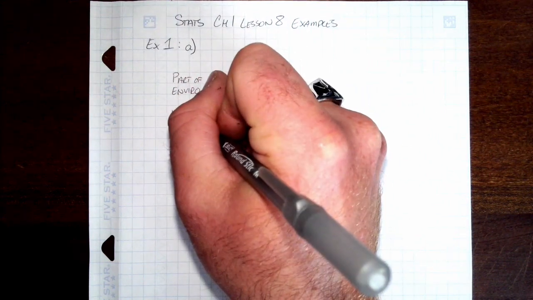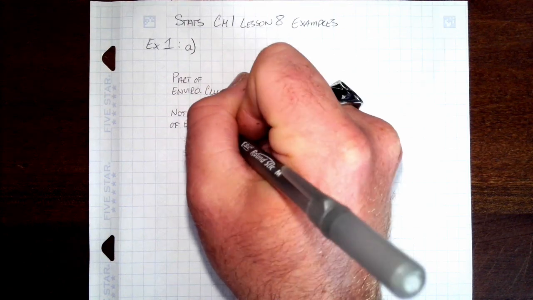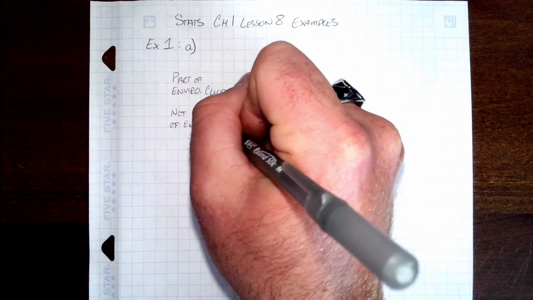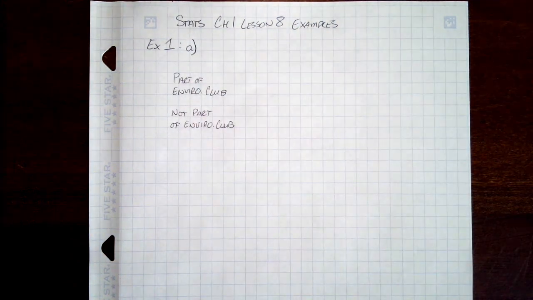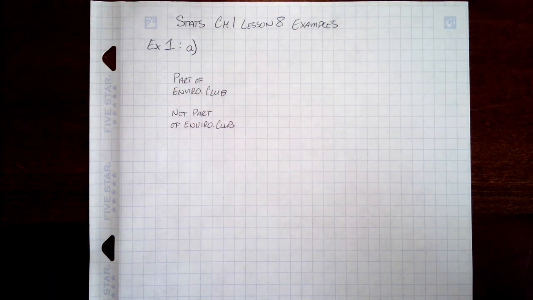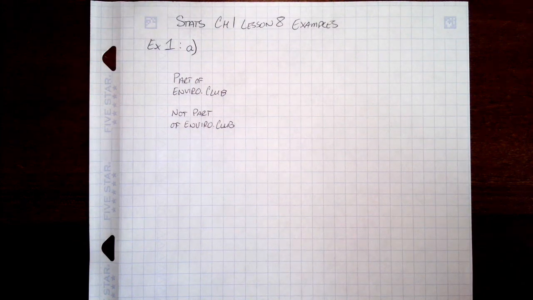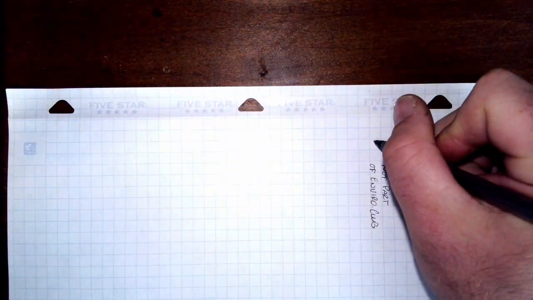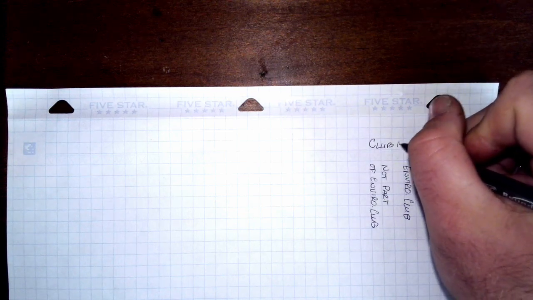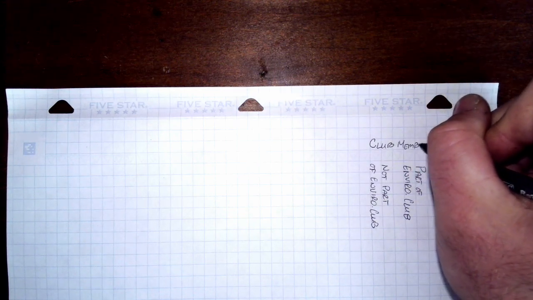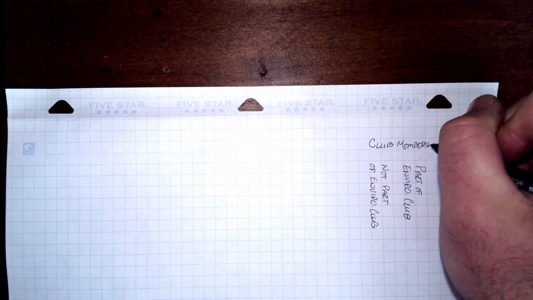So that's one of our variables that we measured. And then for the snowmobile use, so this is measuring club membership. Those were our two options.